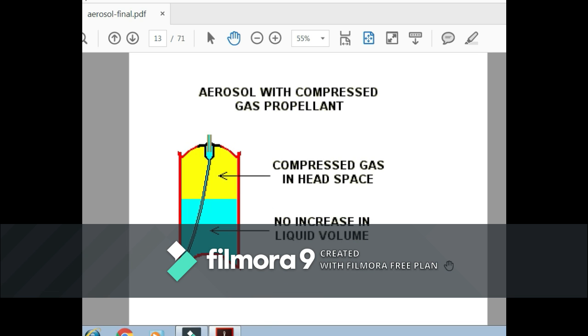Such kind of system will be there. This is the gas and this is the liquid. Because of the high pressure, some amount of gas is converted into the liquid. As you are pressing your button, some amount of liquid will be expelled from your container along with your drug, and whatever space becomes empty, that gas will be replenished immediately.